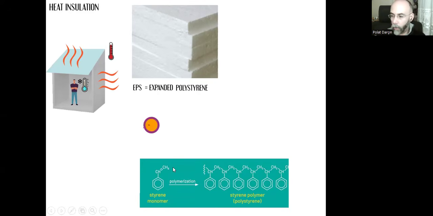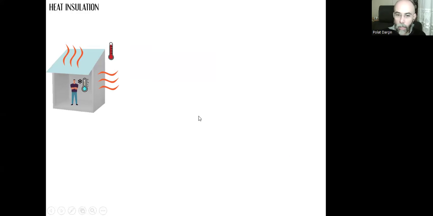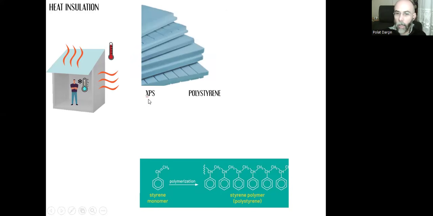First, we create one of these particles, and we then apply a certain amount of heat, which expands the particle, and we collect all these tiny expanded particles and create these boards. When we take a closer look, that's what we are going to see. The same with XPS, the only difference, polystyrene, the same polymerization. These particles are not expanded but extruded.